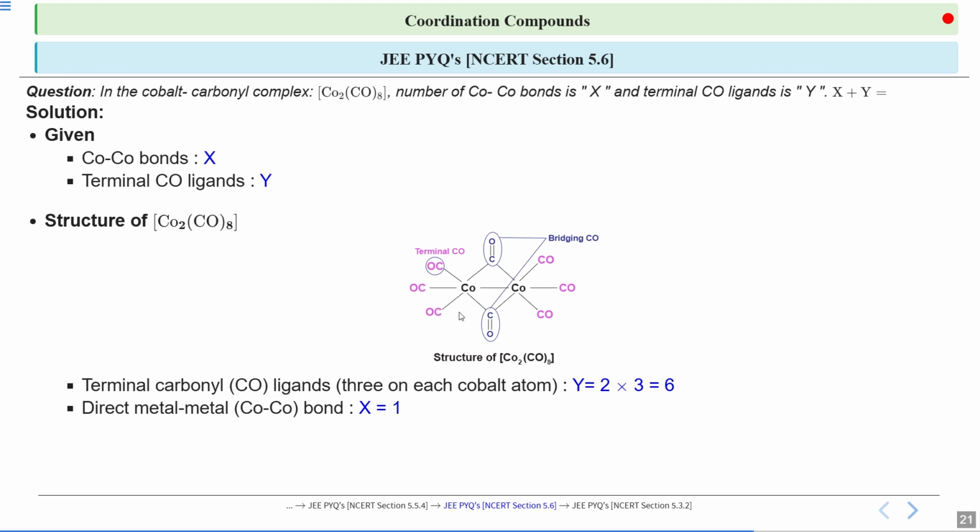You can see the structure. So Y is 6 and X is 1. What we have to determine is the value of X plus Y. So 1 plus 6 is 7. So our answer will be 7. Okay, let's move to our next question.